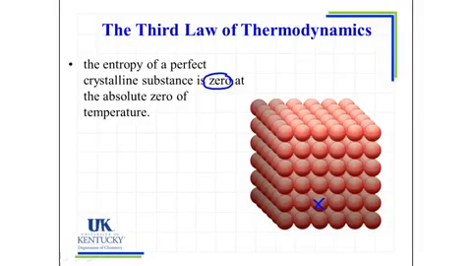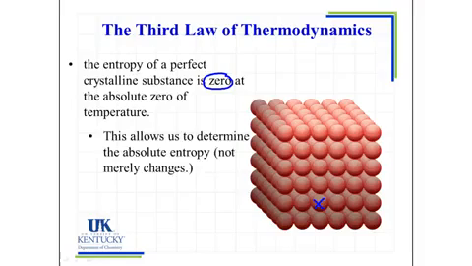This is 0, and as we warm it up, we have an entropy increase, and everything above that is positive. So we don't have to always talk about changes of entropy. We can talk about the true absolute value, and I don't mean absolute value as in these symbols in mathematics. I'm talking about how much entropy is actually in that substance, and we don't always have to talk about changes.